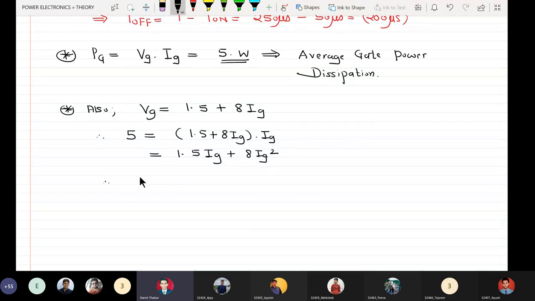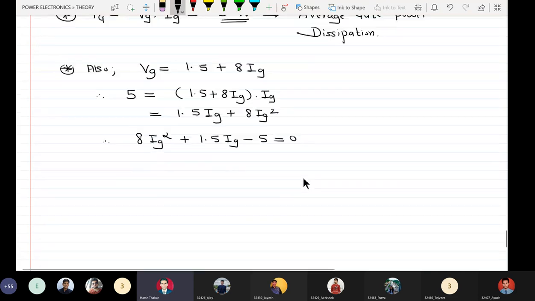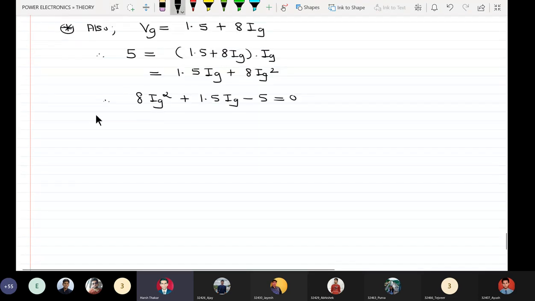So this becomes a quadratic equation, 8 Ig square plus 1.5 Ig minus 5 equal to 0. We can use the formula for solving it.